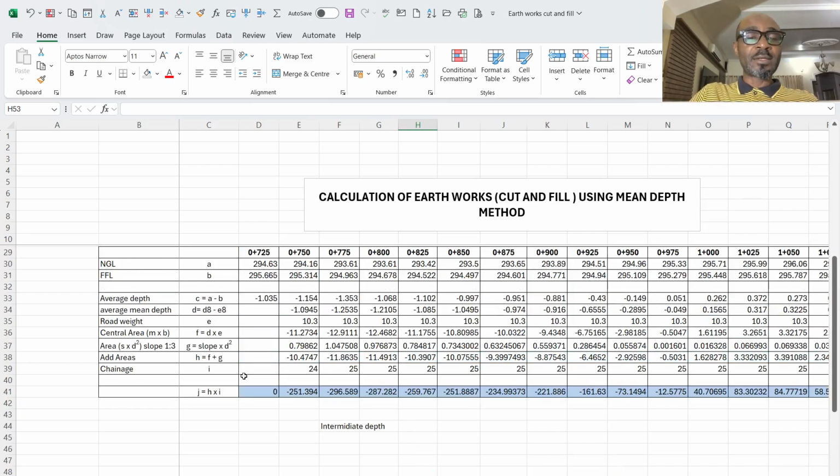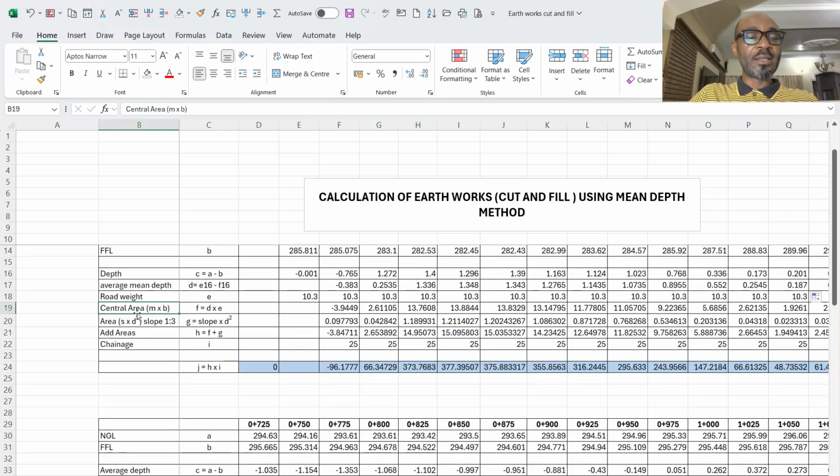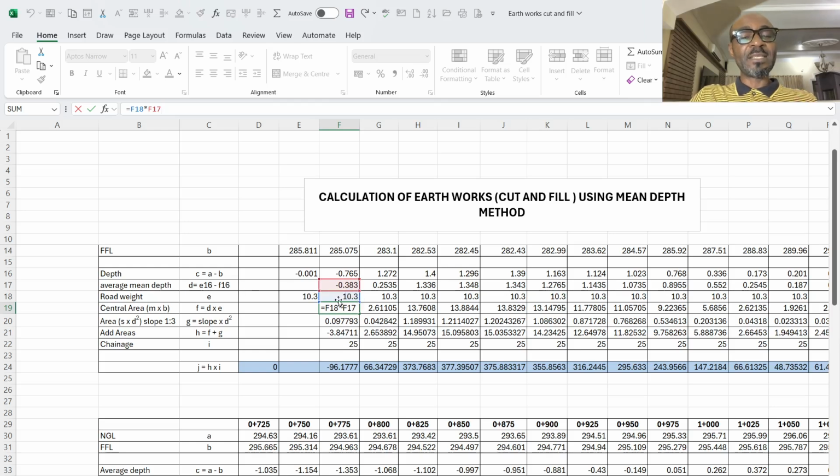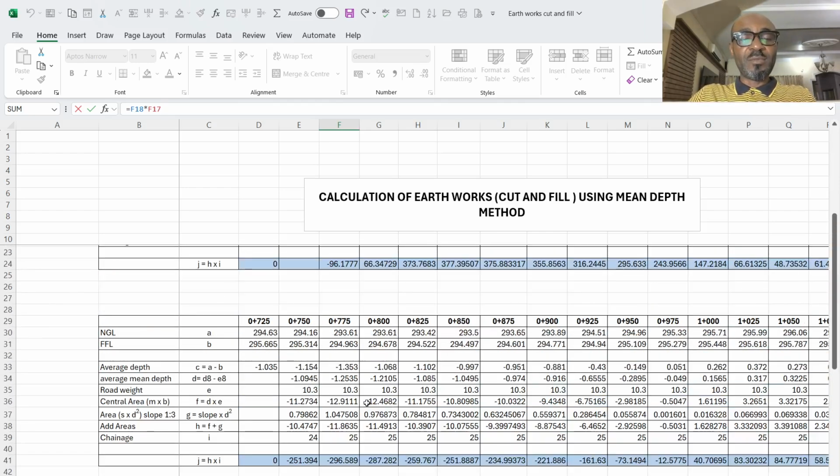So that is what I am doing. I am doing here the central area, M times B. So I am multiplying the mean depth by the width, which is the 10.3, to give me that cross-sectional area.